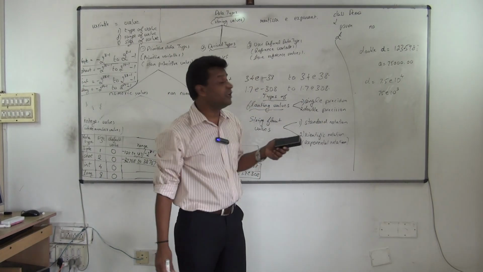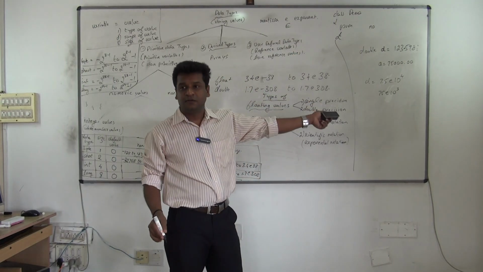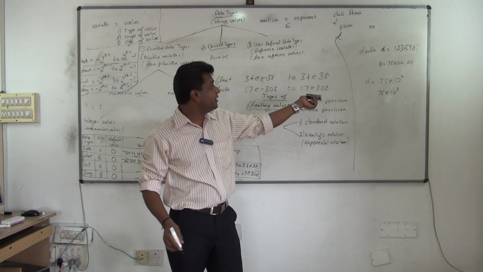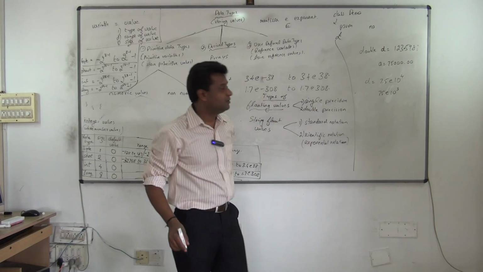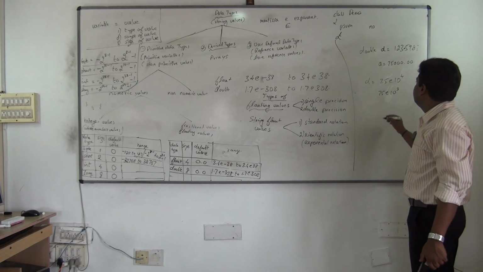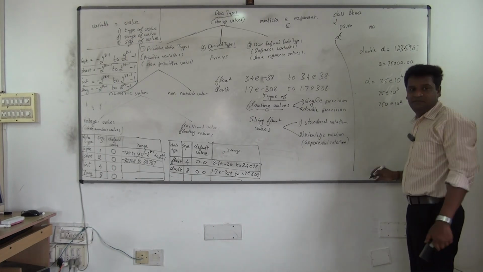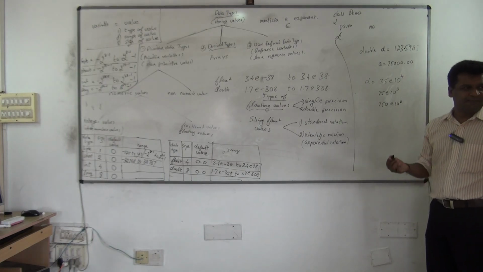E you have to use. E can be caps or small, no issues. And then the exponent, whatever you want. 75,000 can be written like this also. Or you can write 750 E 10 to the power of 2. This is also valid. It's up to you.